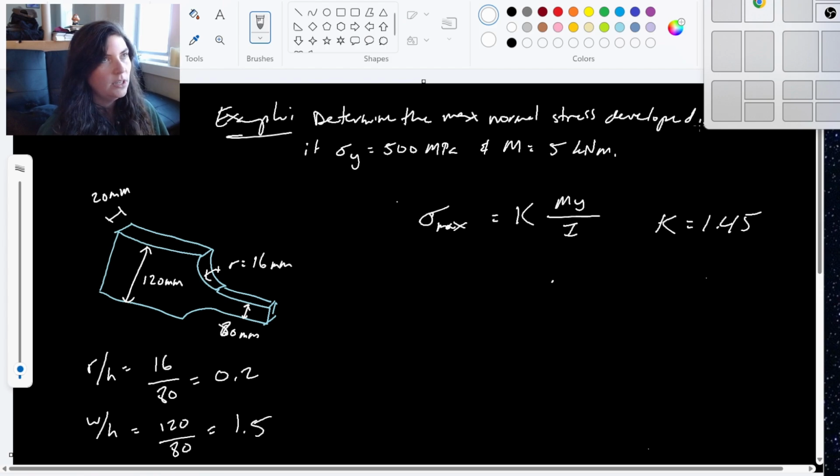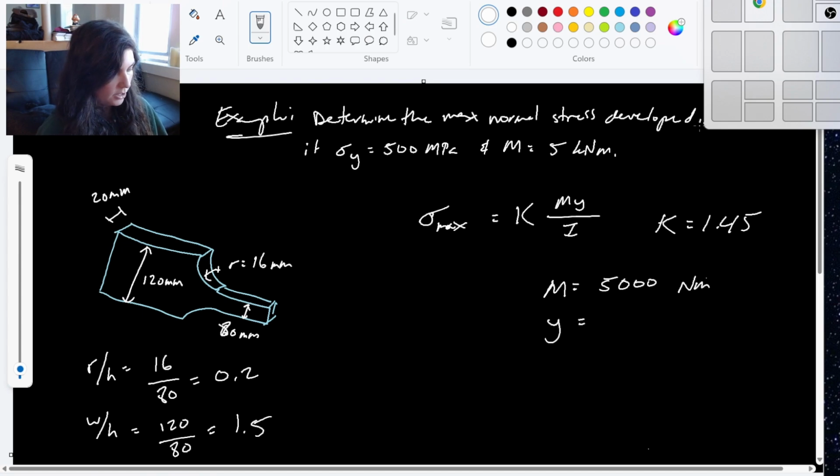I just need to grab all of these other values. They gave me a yield stress. They gave me a moment. They gave me a moment of inertia. So I'm going to find my Y value. Right, my moment, they gave me 5,000 Newton meters.